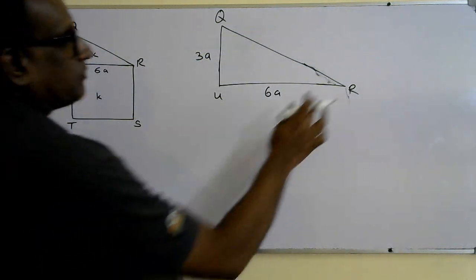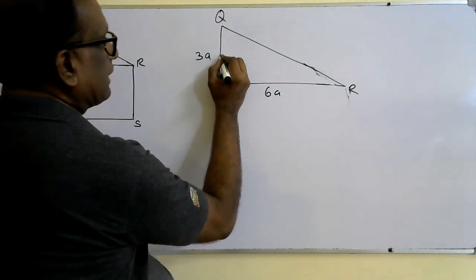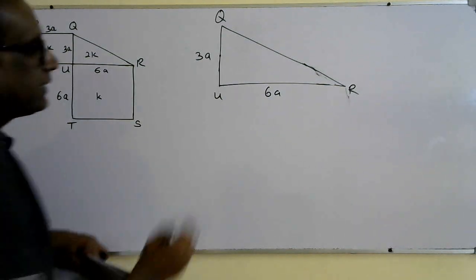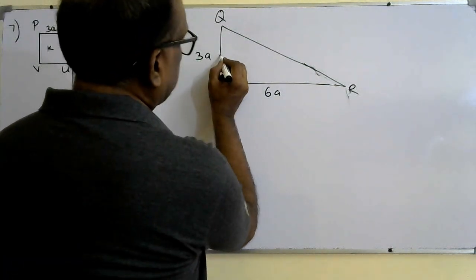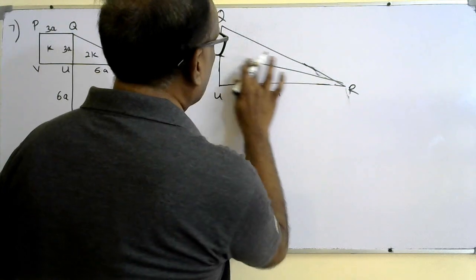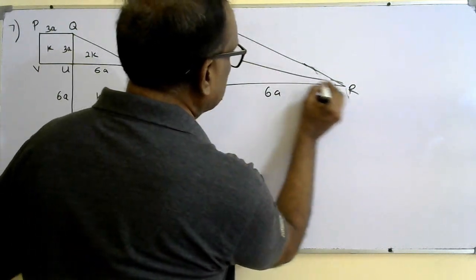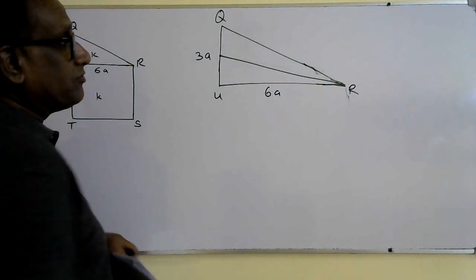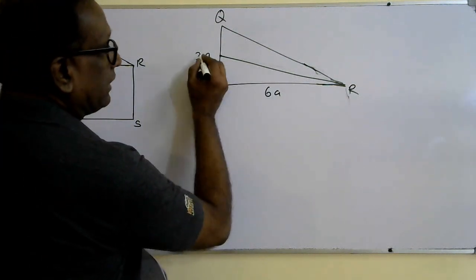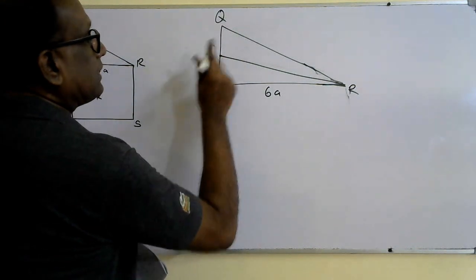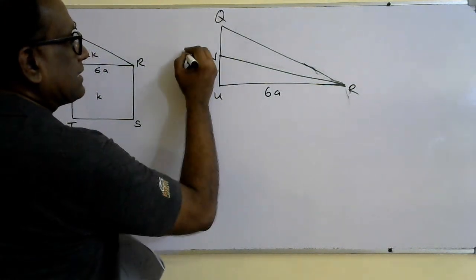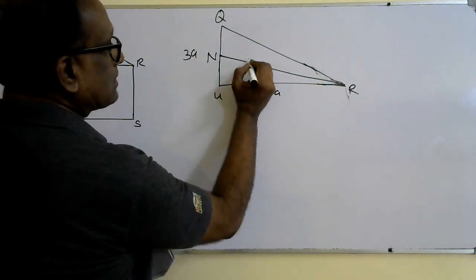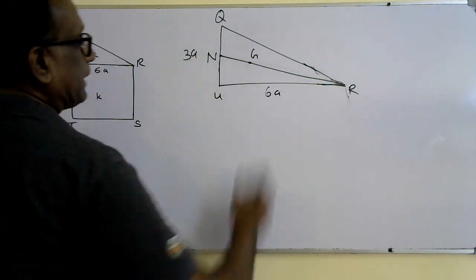To find the center of mass, we should connect the vertex R to the midpoint of QU, that will be the median line. On this line, the center of mass will be at 1/3 of the line. I can name the midpoint N. The total length is 3A, QU. So at 1/3 of NR, somewhere here, is the center of mass G.